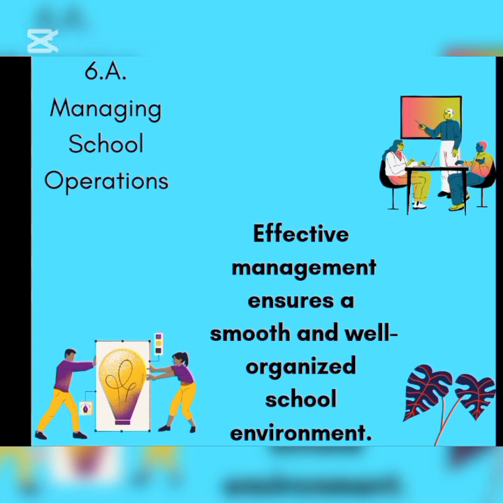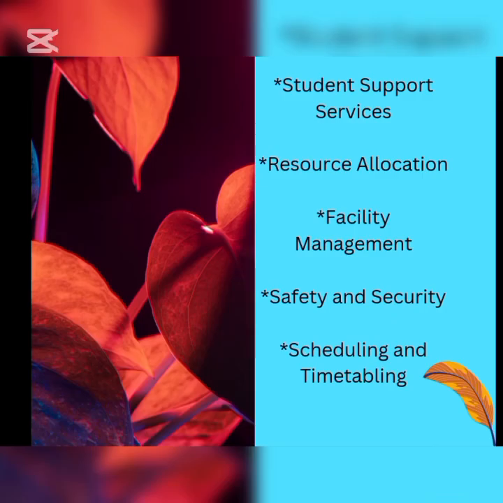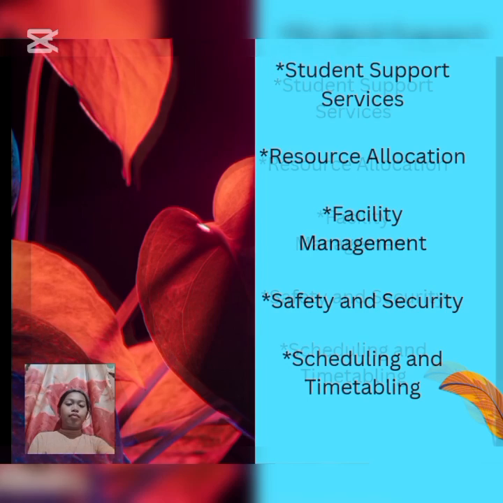Effective management ensures a smooth and well-organized school environment. So under the first competency, we have student support services, resource allocation, facility management, safety and security, and lastly, scheduling and timetabling.